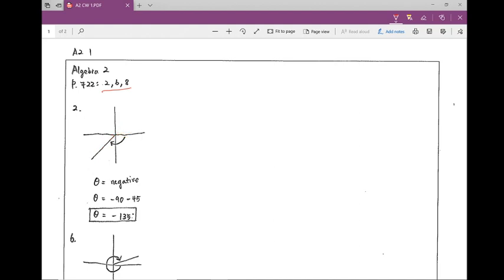Now I do want to find the measure of the angle, and for the measure, the first thing that you have to remember is the direction. Normally the direction would go counterclockwise, and that would make it positive, but because it's going to go clockwise, we know that my angle should be negative.